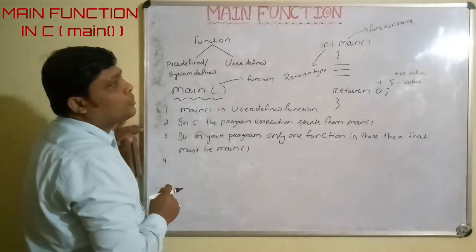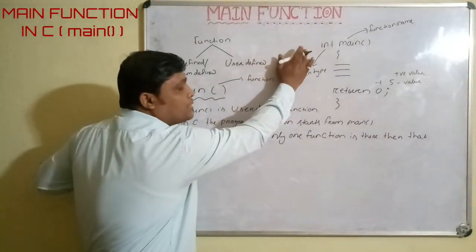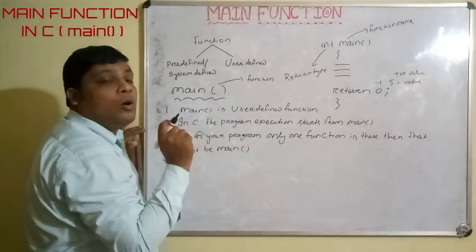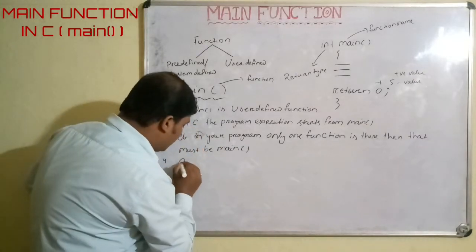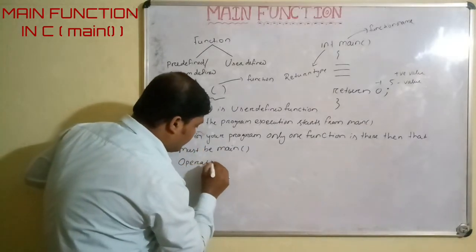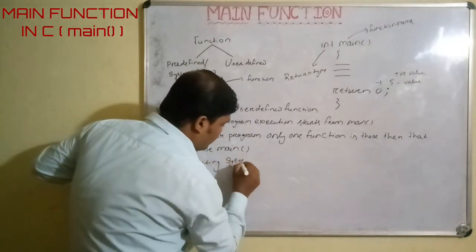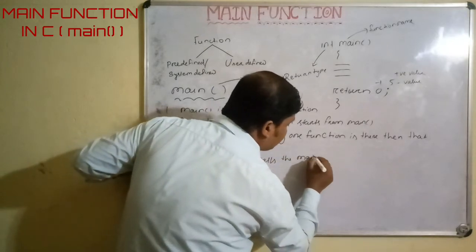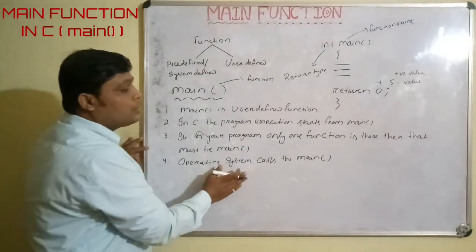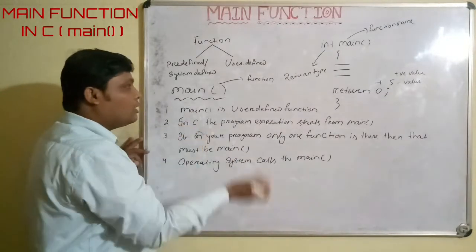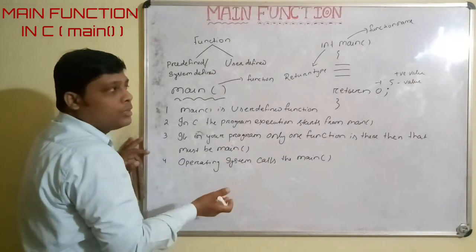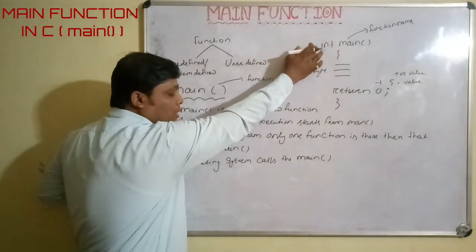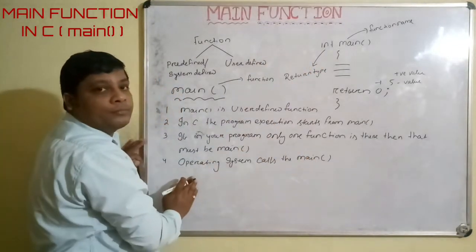Just to understand, when your C program starts executing from main, this main is by default called by the operating system. Operating system calls the main function. When you execute your C program, it starts executing from main, and this main function is called by the operating system.